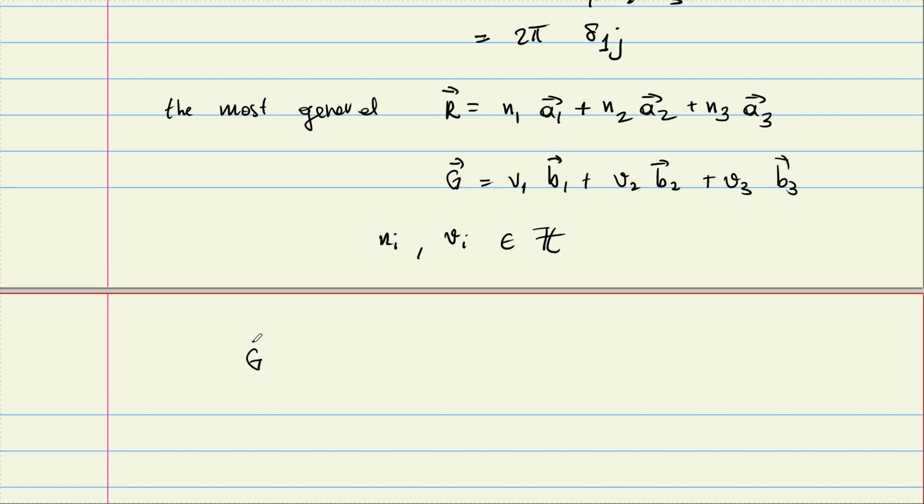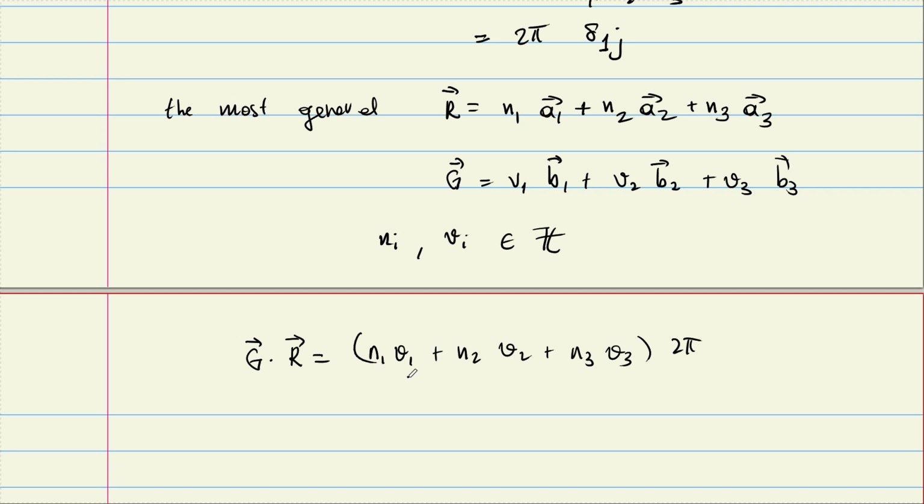And now we can consider G dot R. A1 dotted into B1 is 1, but A1 dotted into B2 is 0, so only the direct terms are going to contribute, and this is going to be N1 V1 plus N2 V2 plus N3 V3, and this entire thing times 2 pi.